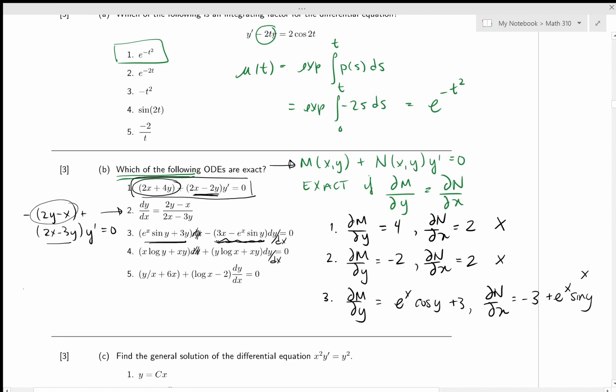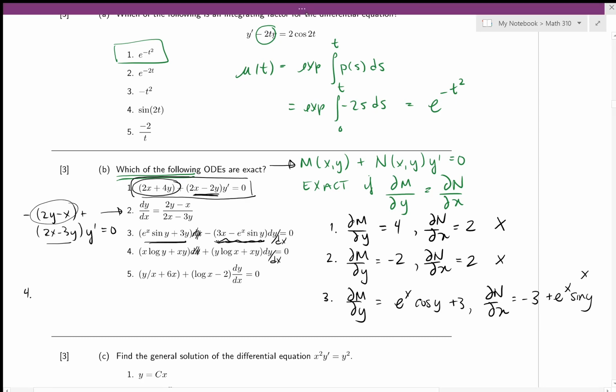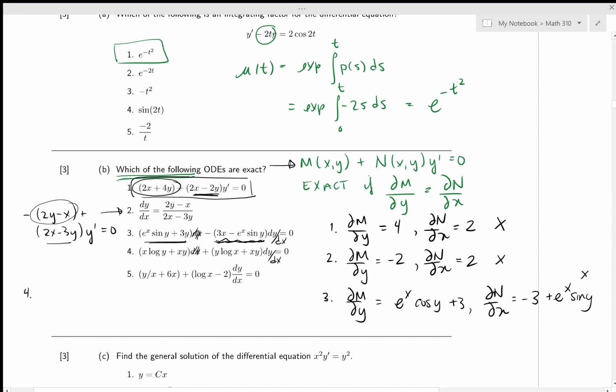Okay, so let's go on to 4. I'm now on the fourth equation here. So I have M and N. I'm taking the partial derivative dM by dy, and I get x over y plus x, and then I take dN by dx, and I get y over x plus y.